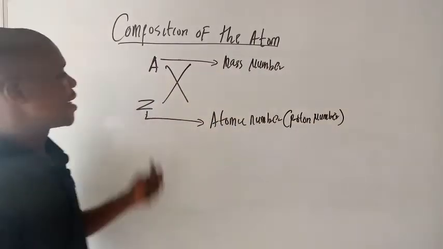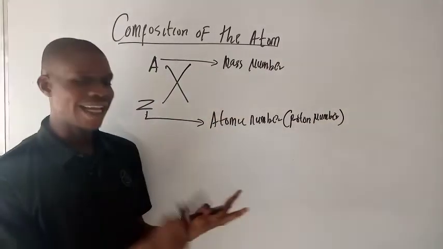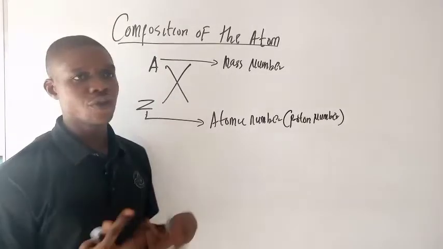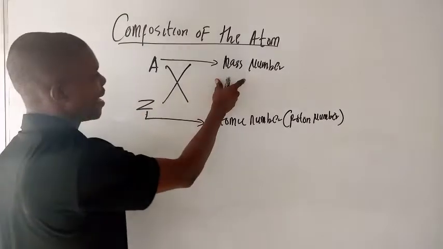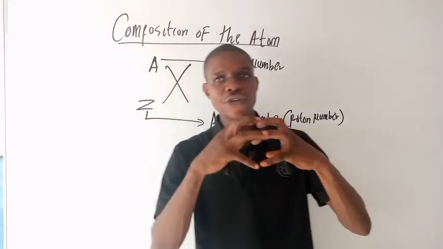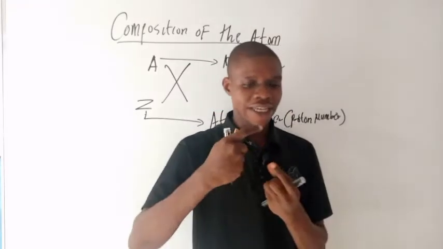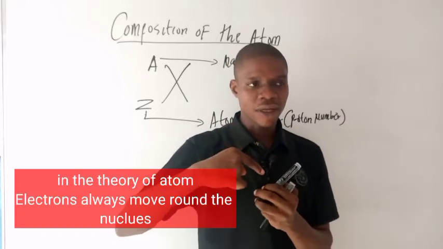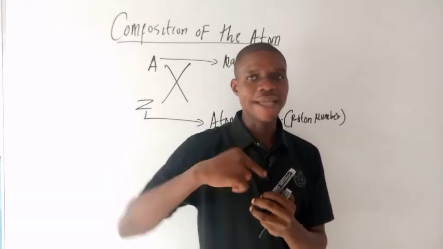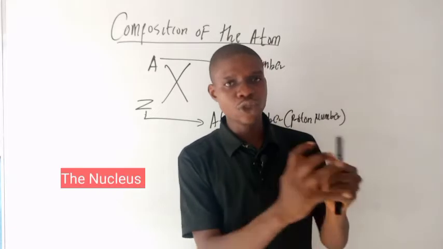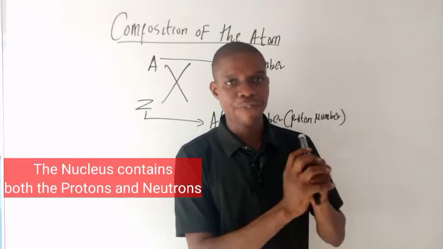So how do we get the remaining ones? We also have the electron number and the neutron number. What you want to know here is that the mass number is also the nucleus number. In the structure of the atom, the electrons revolve around the nucleus, in the shells. The nucleus contains both the neutron and the proton.